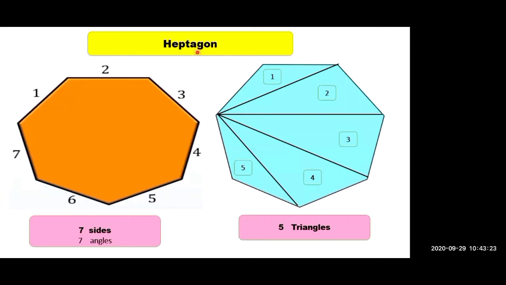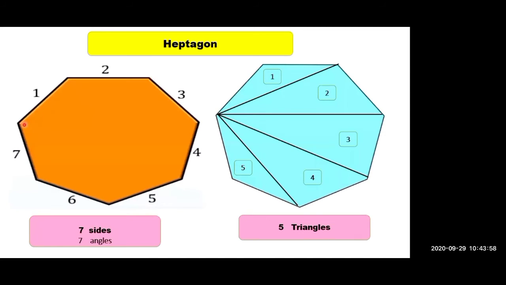7-sided polygon is heptagon. Hepta means 7. So how many sides are there in a heptagon? 1, 2, this is third side, 4th, 5th, 6th and 7. 7 sides. And how many angles are there in heptagon? 1, 2, 3, 4, 5, 6 and 7.